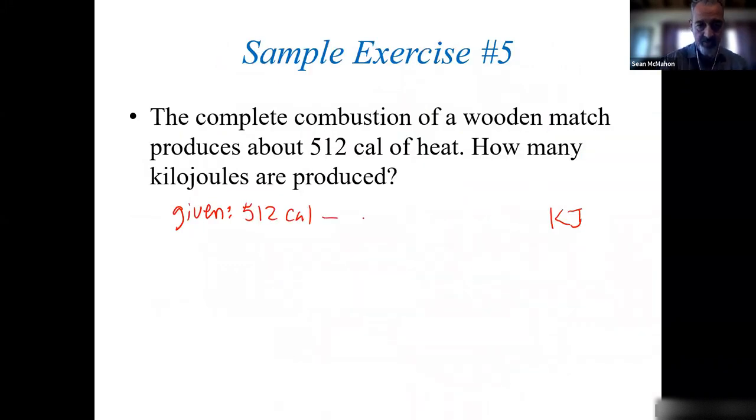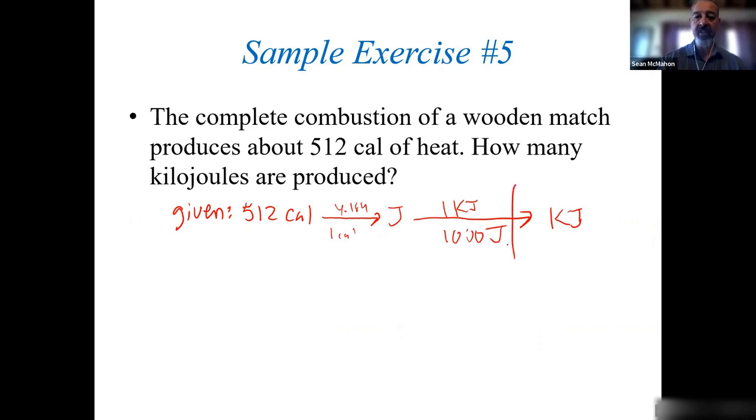So I can convert calories to joules, knowing that there's 1 calorie for 4.184 joules. But I need to go to kilojoules. How do I do that? That's where I use the metric system. Kilo means 1,000, so to get 1 kilojoule, I would need 1,000 joules. So you have to use the metric system to go from joule to kilojoule. And we're using that energy conversion factor that we just talked about.